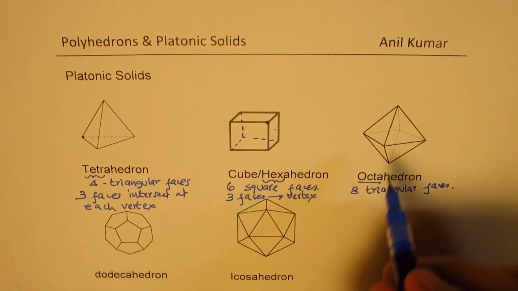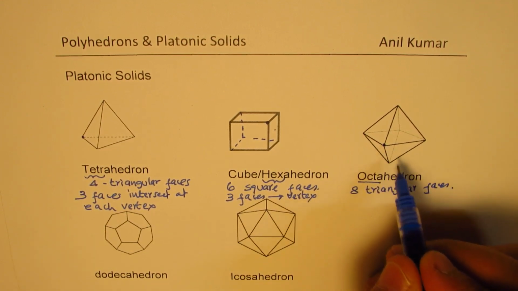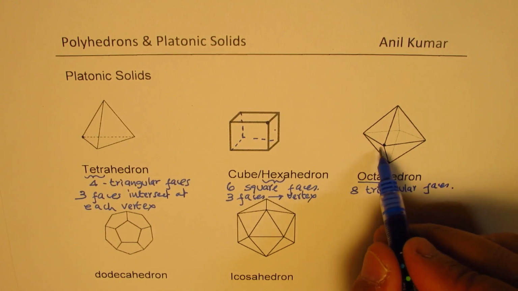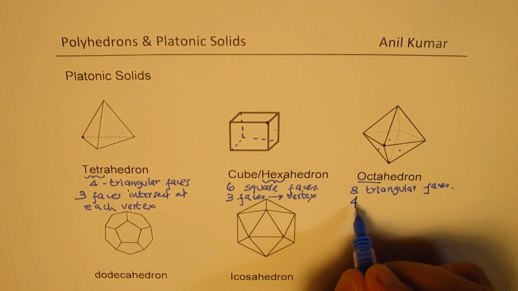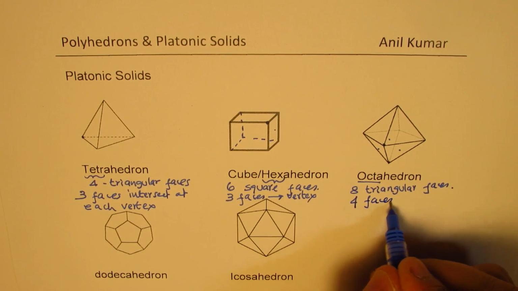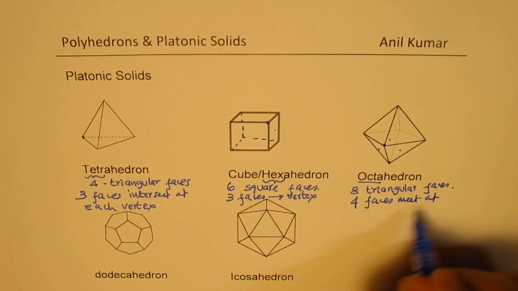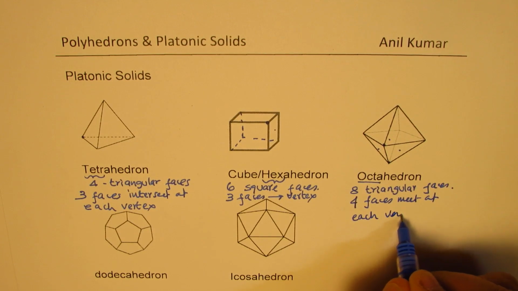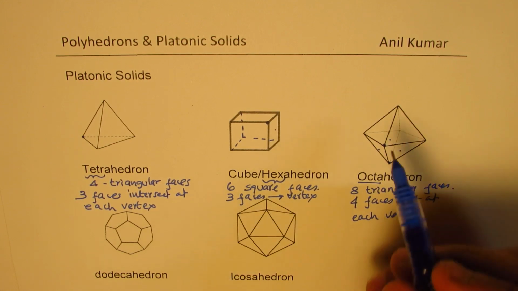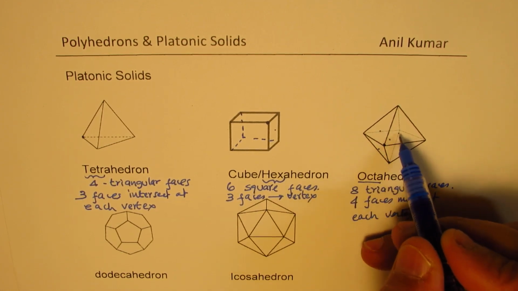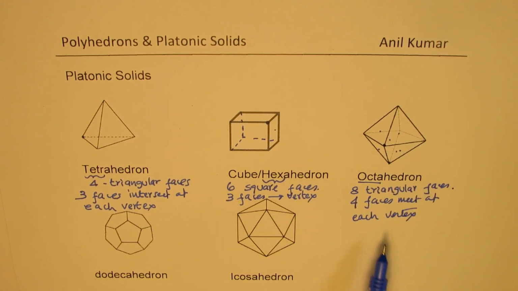Now at each vertex, let's say this vertex, how many triangles are meeting? 1, 2, 3, and 4. So 4 faces meet at each vertex, and the name is octahedron.